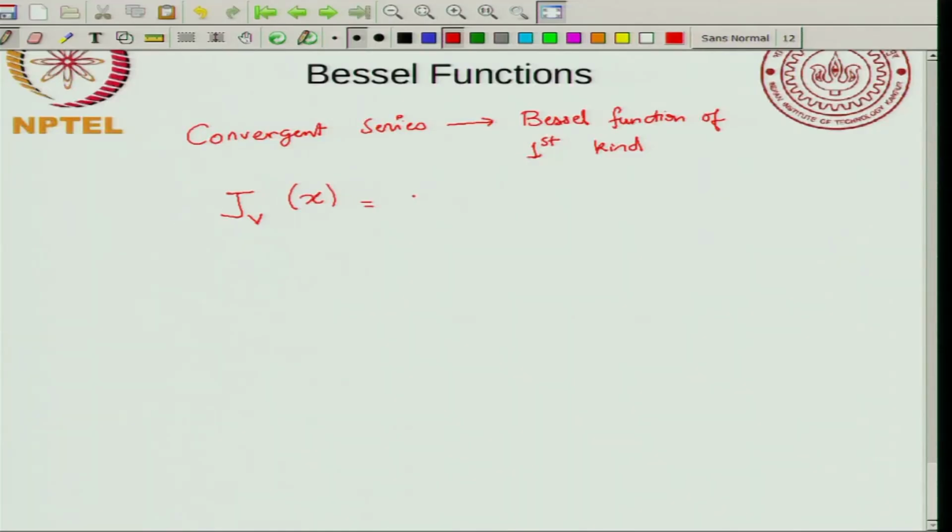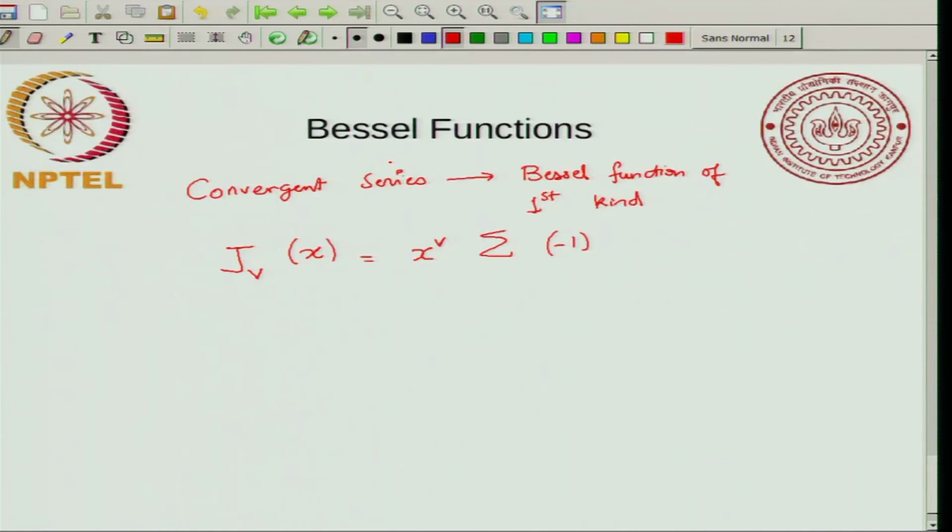J_v of x is basically x raised to v times the sum. x raised to v was the prefactor, since you had x raised to n plus v, so I just took x raised to v outside.